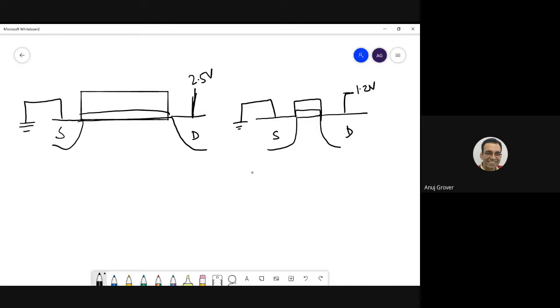Let us say this is 180 nanometer and this is 60 nanometer. Let us put 2.4 instead of 2.5, just for ease of calculation. Is that okay? So what is the lateral electric field over here?